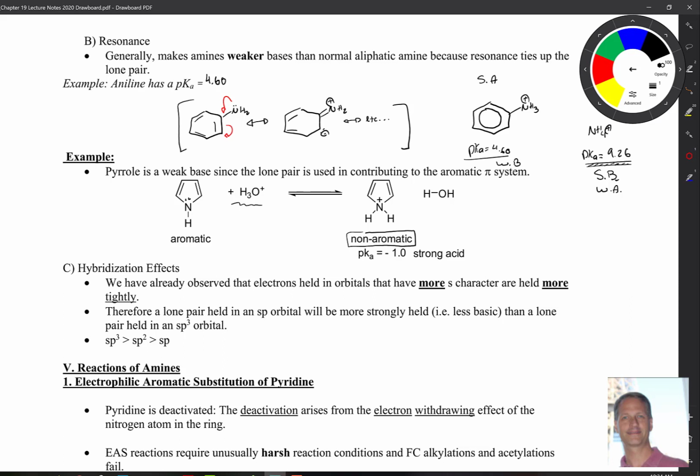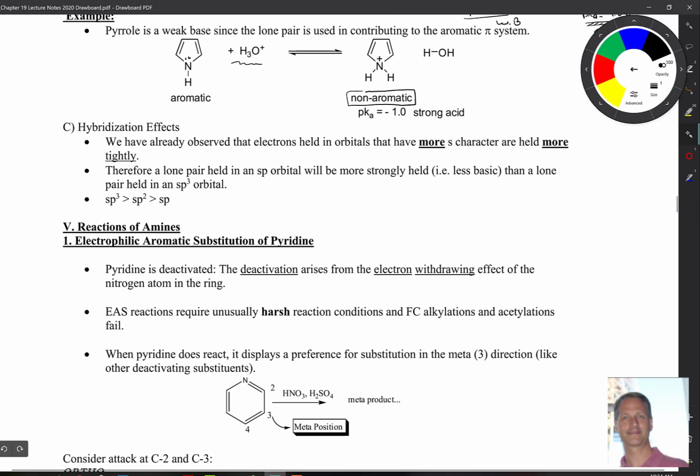The last thing that affects our basicity here is hybridization. So remember that the more s character we have in a bond, the more we hold on to the electrons that are in that bond.